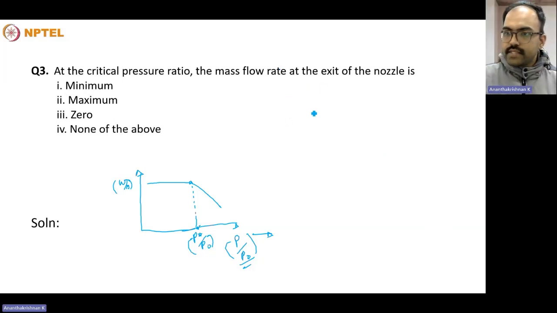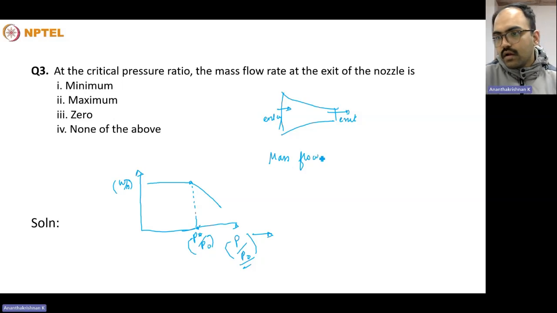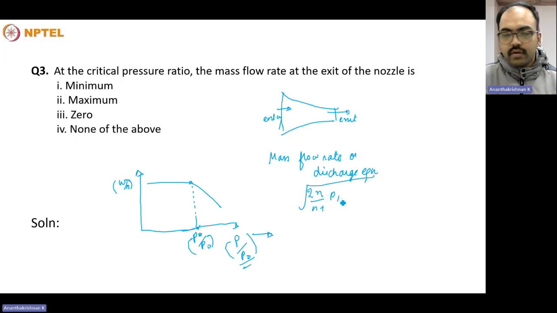So in the case of a nozzle, this is the entry point and this is the exit point. The mass flow rate, or the discharge equation, could be represented as root of 2n divided by n minus 1, P1 divided by v1, into [(P2 divided by P1) to the power 2 divided by n minus (P2 divided by P1) to the power n plus 1 divided by n].